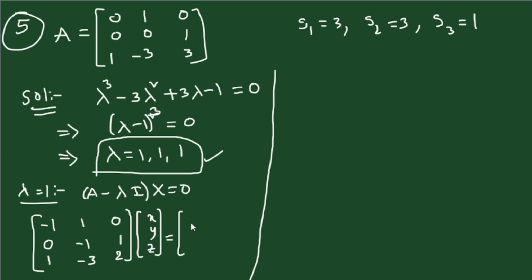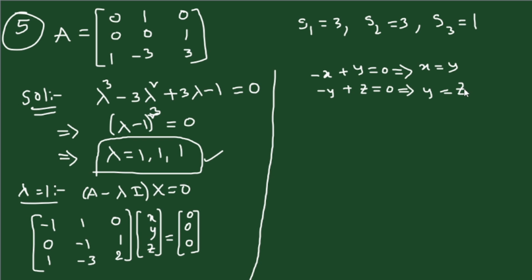So what I did here is simply subtract lambda equal to 1 from the principal diagonal elements, and the remaining elements are the same. 0 minus 1, 0 minus 1 and 3 minus 1. So we have got the equations minus x plus y equal to 0, minus y plus z equal to 0. From the first one, we got x equal to y. From this equation, we have got y equal to z.